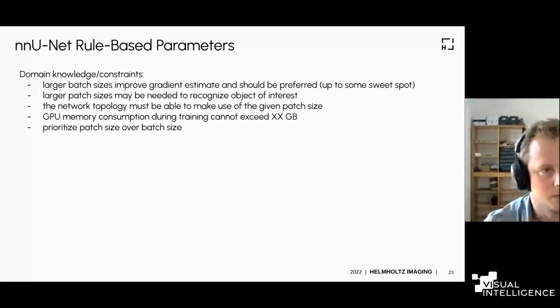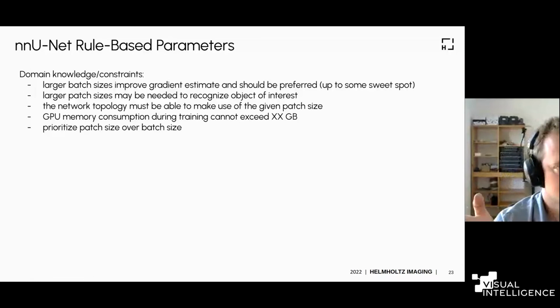And we also know that if we put a large patch size into a network, we also need to design the network such that it is able to capture all the contextual information that it is provided. So it doesn't make sense to have a large input and then do two pooling operations in the network topology, because then whatever part in the network can only see a small fraction of the input. So we want the network to see the entire input, essentially.